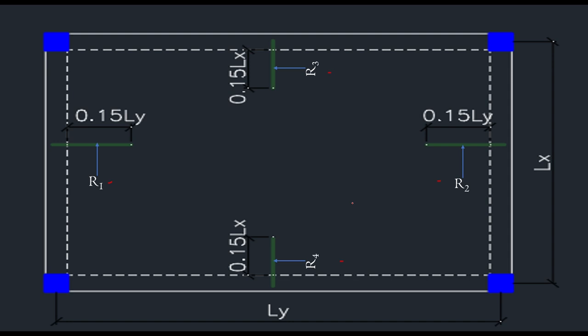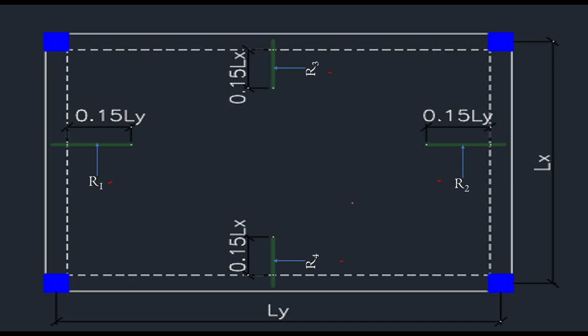When a discontinuous slab is restrained, it means the slab is supported by a beam that is preventing it from torsional movement, from twisting, from rotating, holding the slab firm. So in that kind of situation, we say the slab is fully restrained.